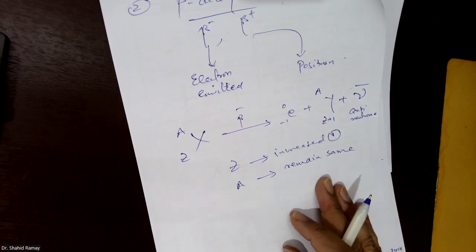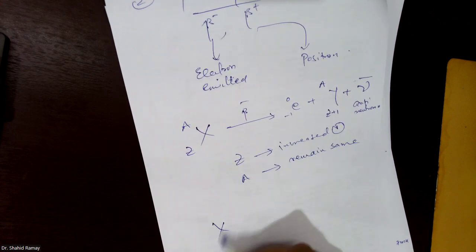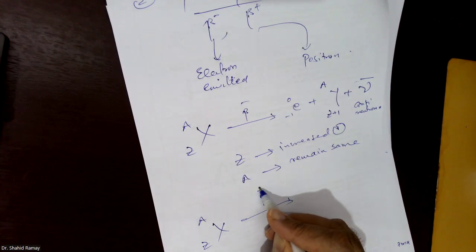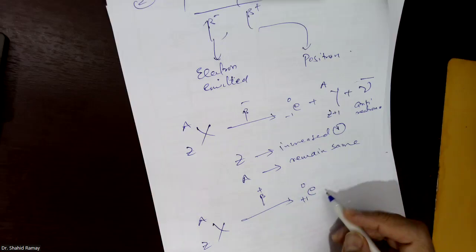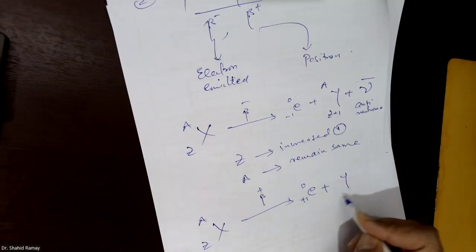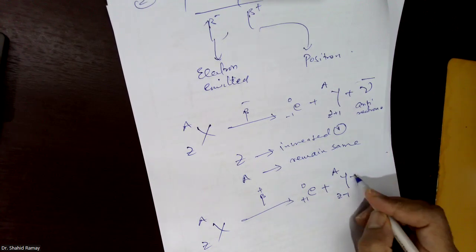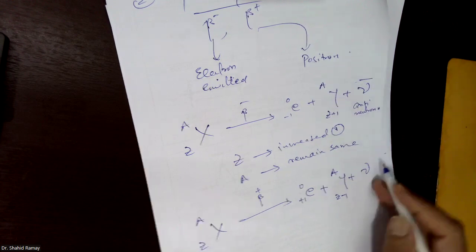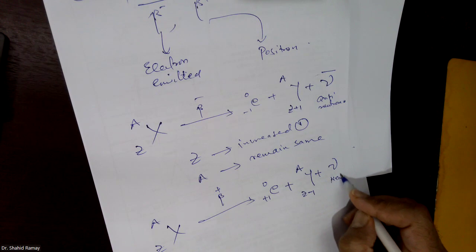Okay. And in case of beta plus, we are taking an example and the same in general form, and this is beta plus. So e plus 1, 0 plus Y with Z minus 1 and A plus this particle. Here the bar is antineutrino, but if there is no bar, then it is called neutrino.